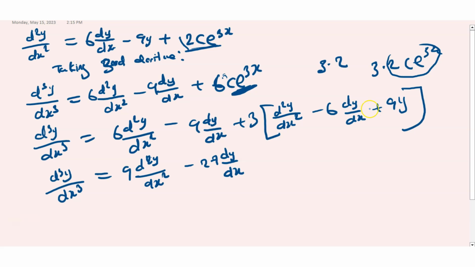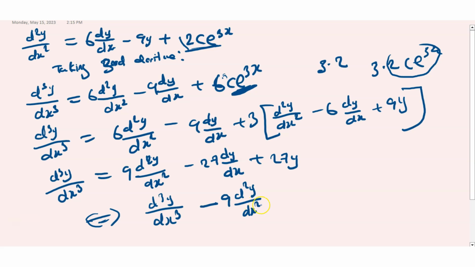Then plus 27y. So usually we write this as d cubed y over dx cubed minus 9 d squared y over dx squared plus 27 dy dx minus 27y equals 0.